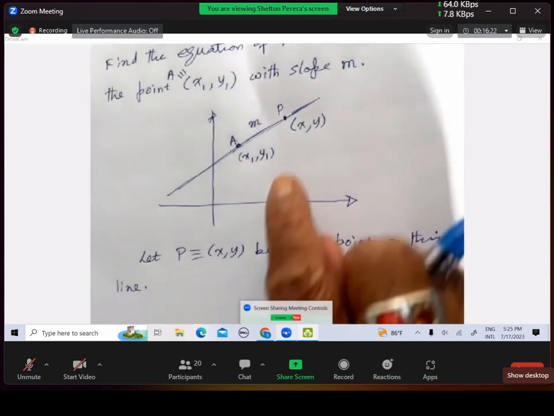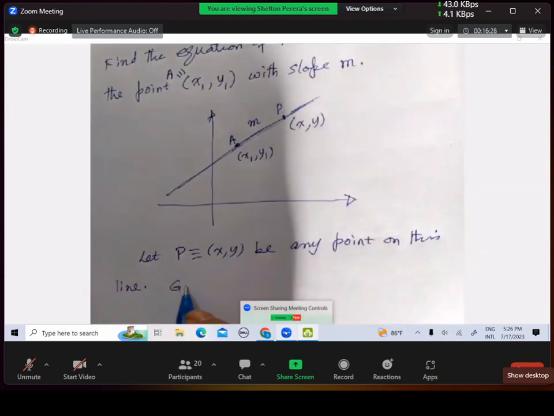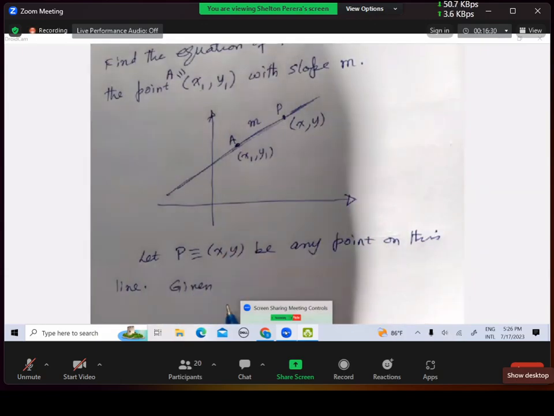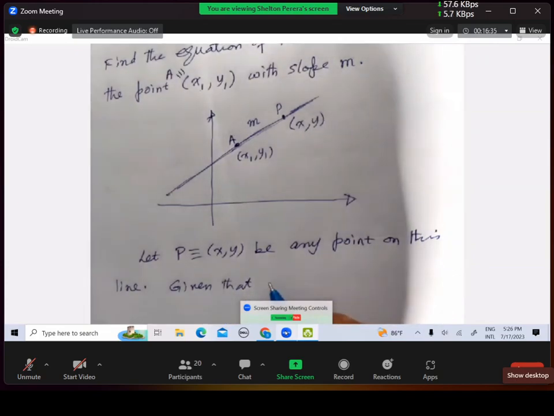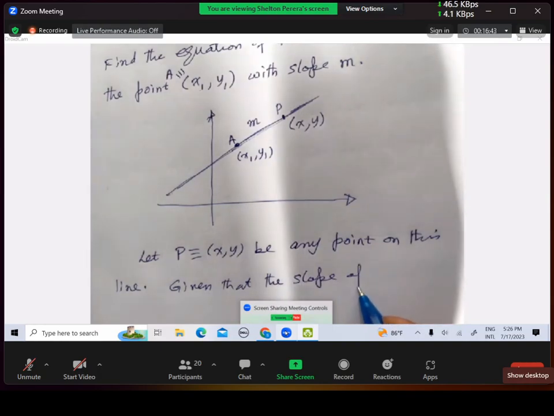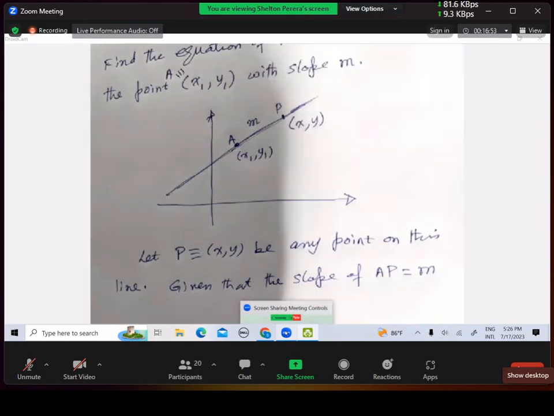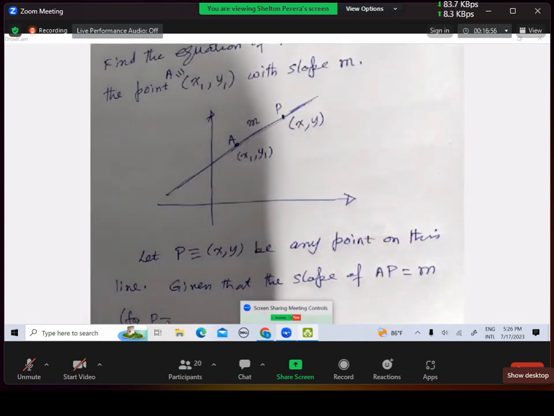We know it's given that the slope of line AP is equal to m, for P not equal to A. If P is equal to A, we don't have two distinct points.